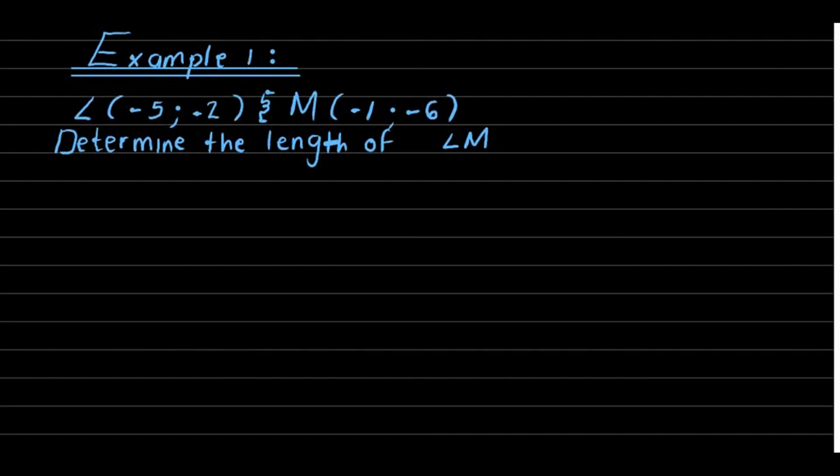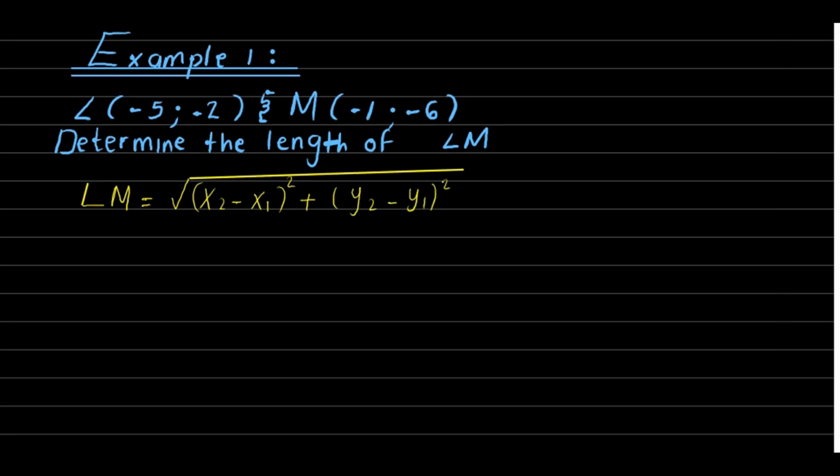You're required to find the length of the line from point L to M. From what we have just learned about the distance formula, to get the length of LM, we use the formula (x2 minus x1) all squared plus (y2 minus y1) all squared.